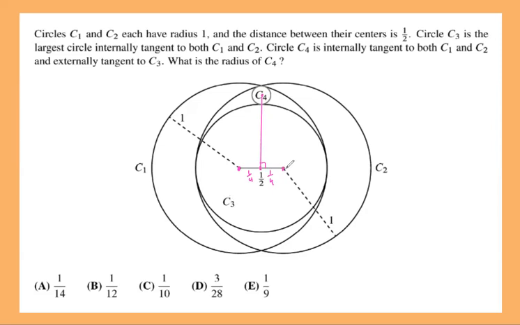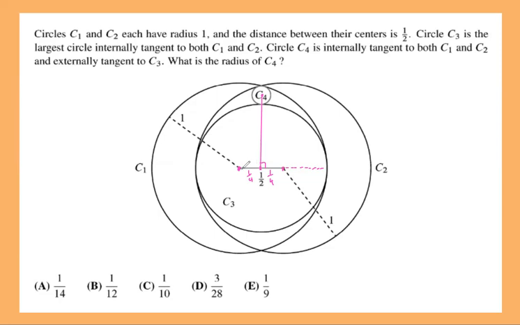So to find the radius of C3, since this is the center, we know that the radius of C1 and C2 was 1. The distance between this point and this point is the radius, which is 1.